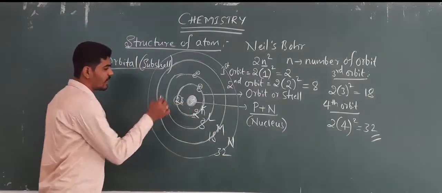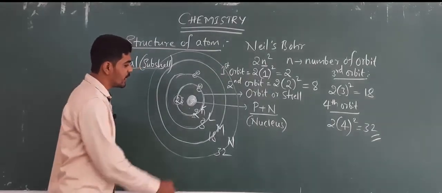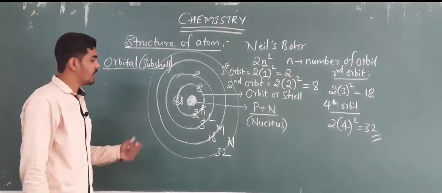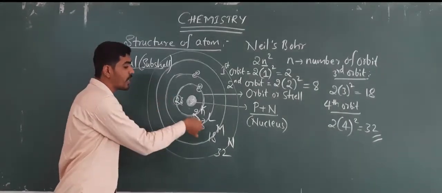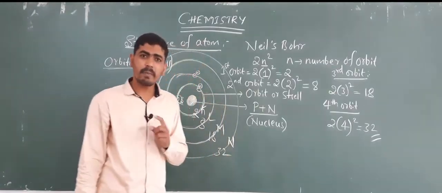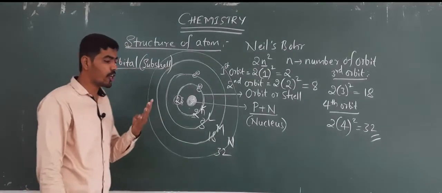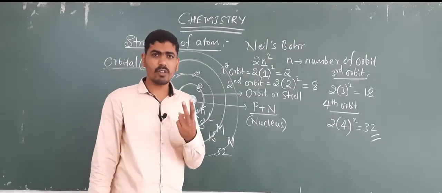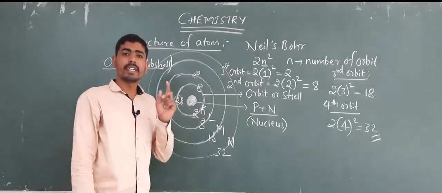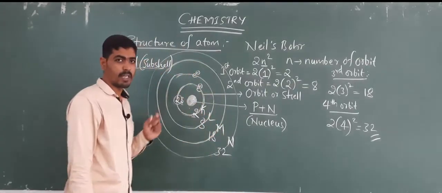And in the second orbit or second shell, how many electrons are there? 8 electrons are there. And how many orbitals may be present here? There must be 4 orbitals, because each orbital contains 2 electrons. So in order to carry 8 electrons, it requires 4 subshells or orbitals.